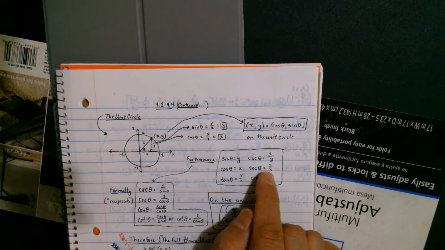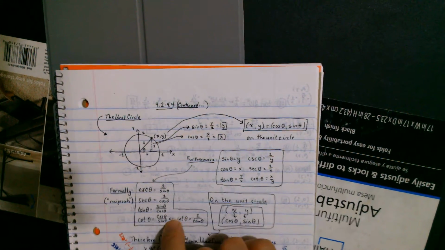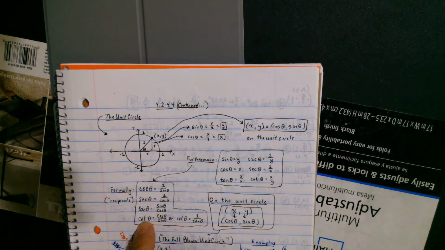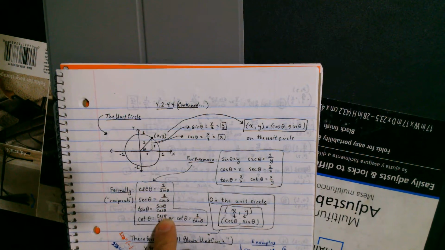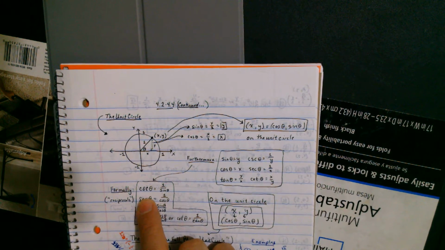And then secant is 1 over cosine of theta. Cotangent is cosine over sine, or 1 over tangent. So ultimately, cotangent is cosine over sine. Tangent is sine over cosine. Cosine over sine is cotangent. 1 over sine is cosecant, and 1 over cosine is secant.